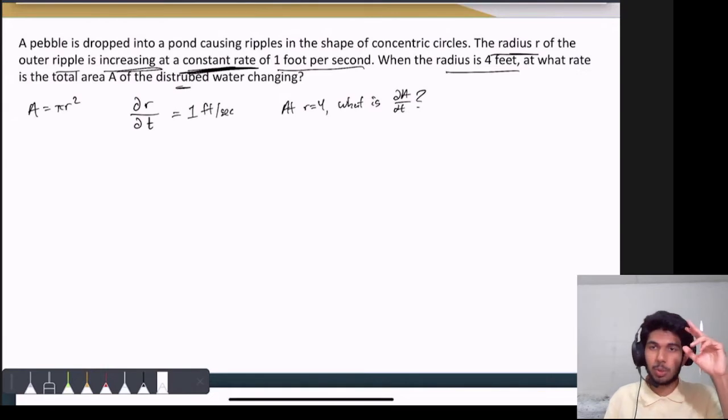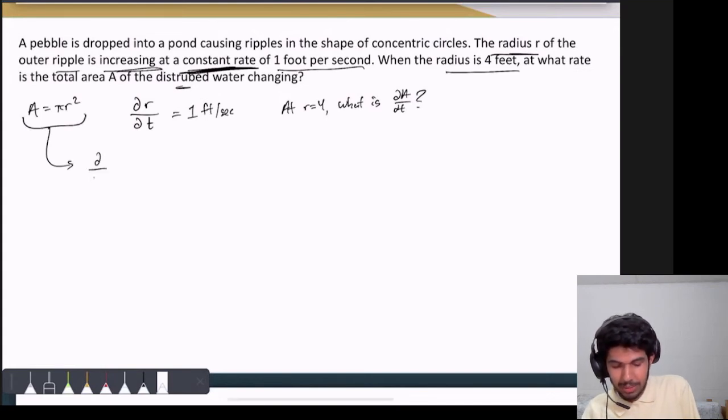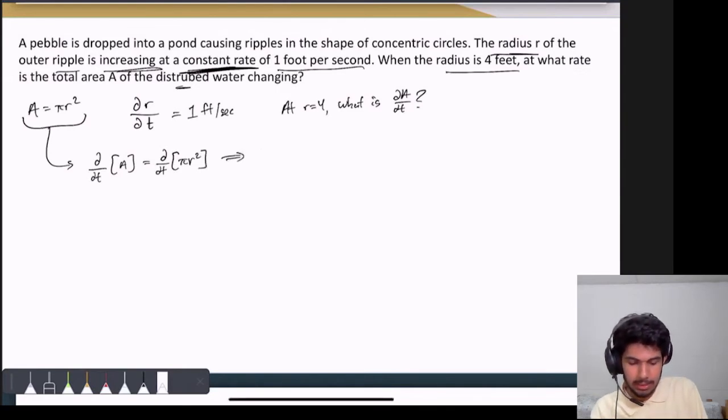We're just changing this rate of change to derivatives, right? So that's what we're tasked with finding, and we can do this. The reason we can do this is, well, we created this equation here. So let's take the derivative with respect to time of both sides of the equation. Okay? So that gives us, the left-hand side is simply dA/dt.